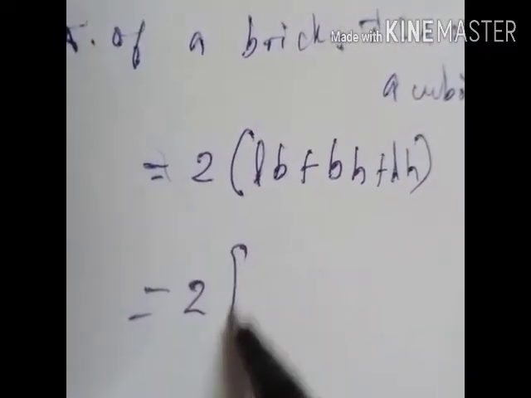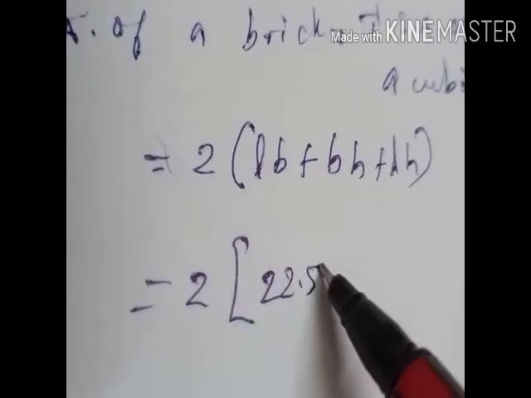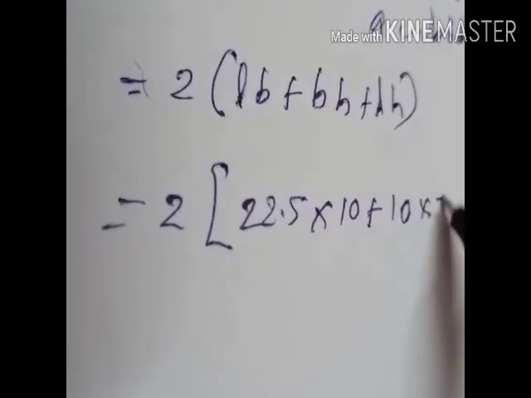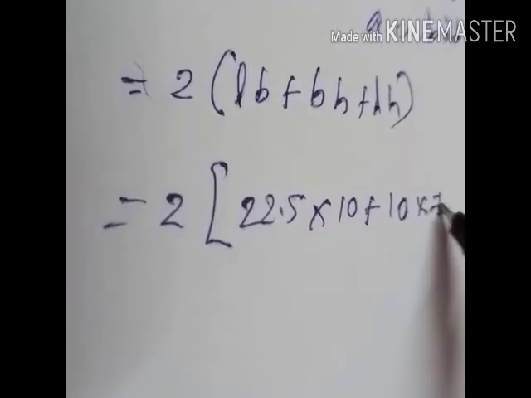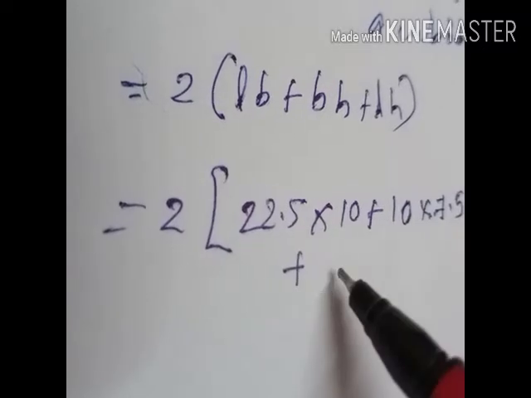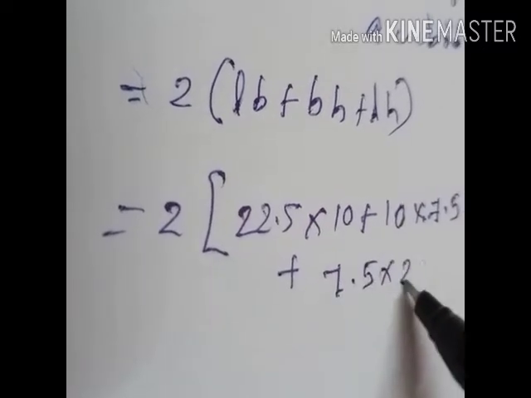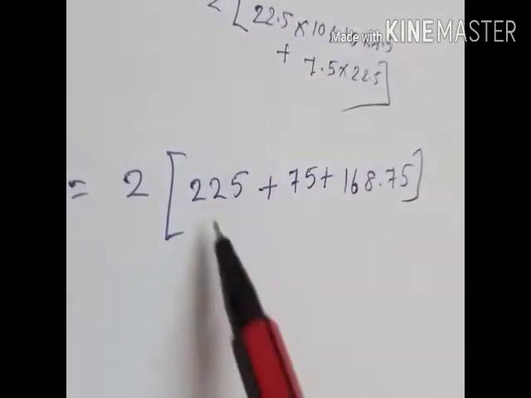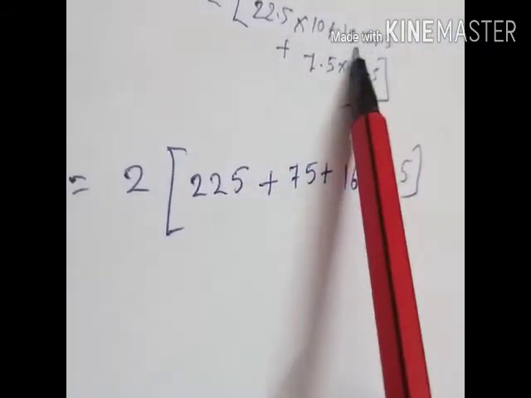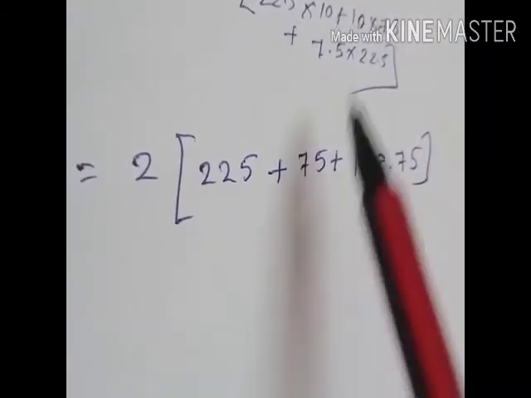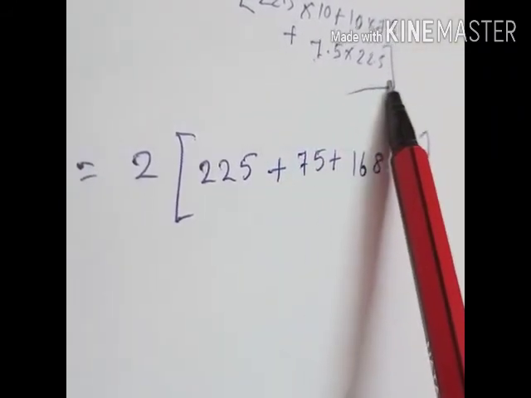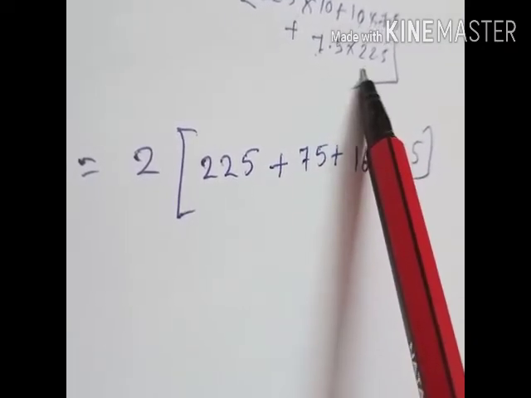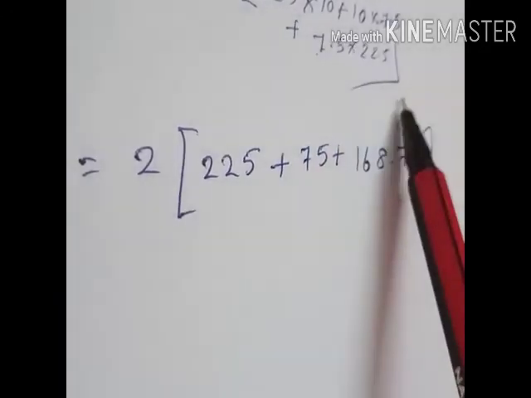Then substitute the values. 2 into (22.5 into 10 plus 10 into 7.5 plus 7.5 into 22.5). 22.5 into 10 is 225. 10 into 7.5 is 75. 7.5 into 22.5: multiply without the decimal and put the decimal after 2 digits from the last.